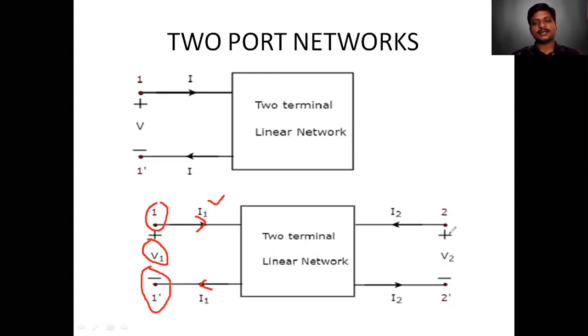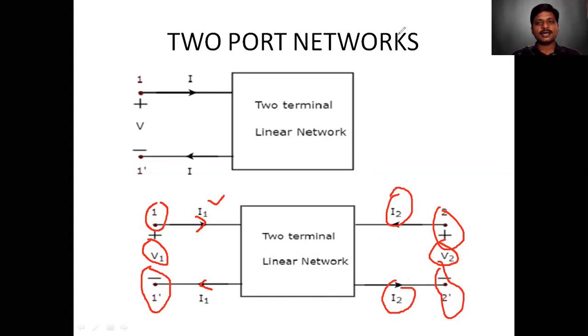Similarly, on the other side we call it the output port. At the output port, let us say the voltage is V2. It also has two terminals: one terminal is 2 and the other terminal is 2 dash. Also, you have to assume a current I2 which is entering the network through port 2 and leaving the network through 2 dash.